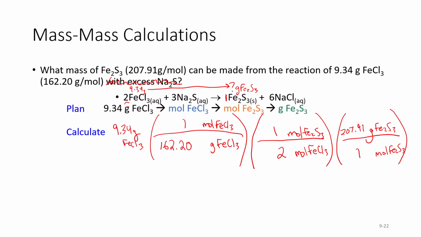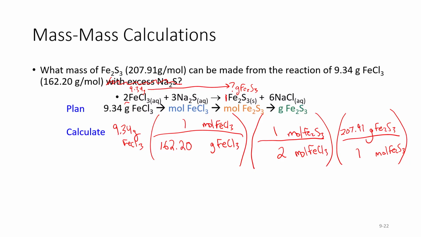So to solve this, we're going to multiply everything on the top and divide by everything on the bottom. So I'm going to do parentheses 9.34 times, we're going to ignore the ones, 207.91, close the parentheses, divided by parentheses 162.2 times 2, close the parentheses, equals.